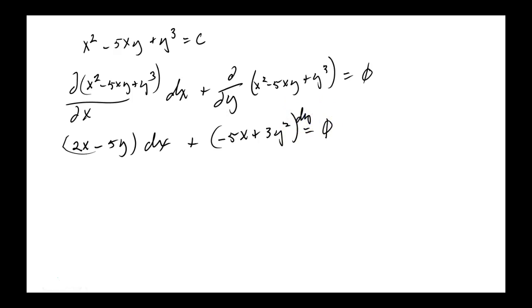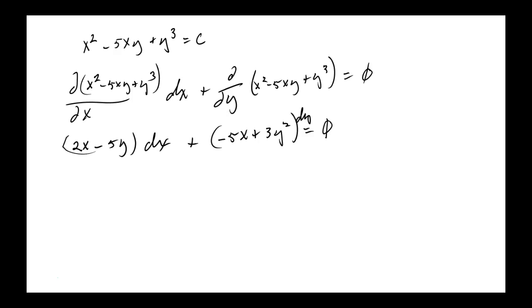So here we have the differential equation. This is our M of xy dx plus N of xy dy is equal to 0. That's the form we had at the beginning, and this is in differential form.